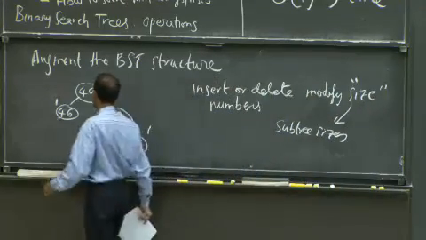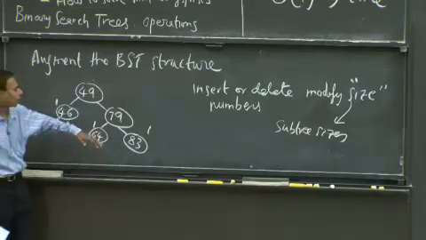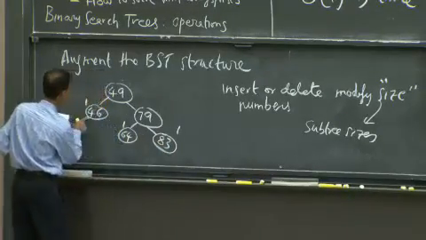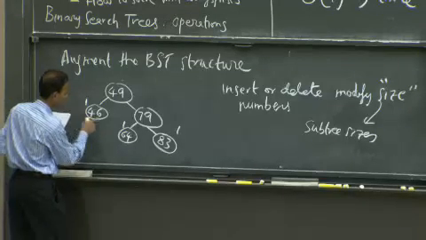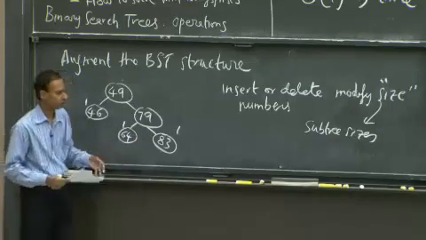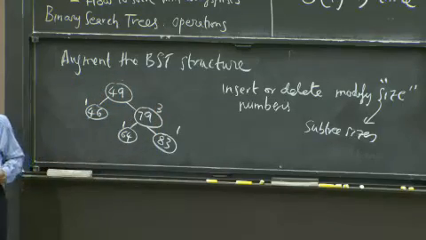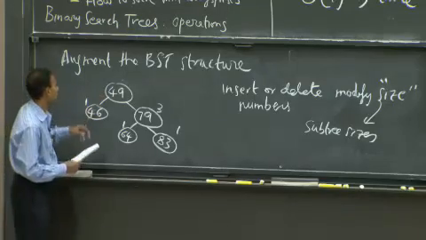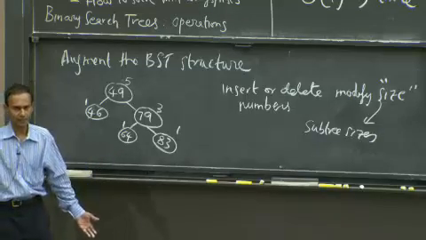Let's say, for argument's sake, that I've added this in a bottom-up fashion, and what I have are these particular subtree sizes. All of these should make sense. This has just a single node, same thing here. So the subtree sizes associated with these nodes are all 1. The subtree size associated with 79 is 3, because you're counting 79 and 64 and 83. And the subtree size associated with 49 is 5, because you're counting everything underneath it.